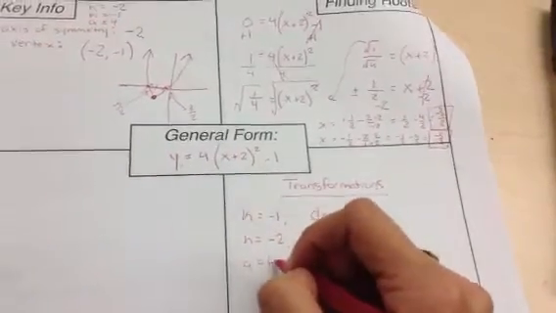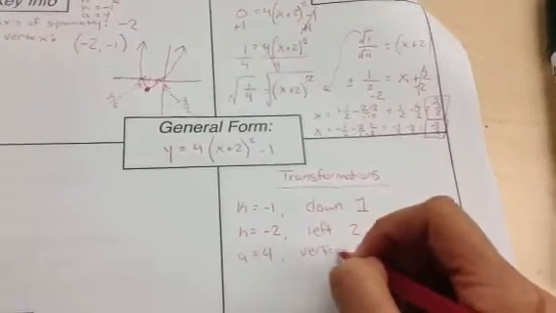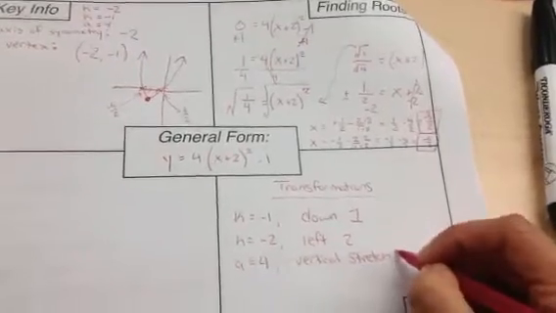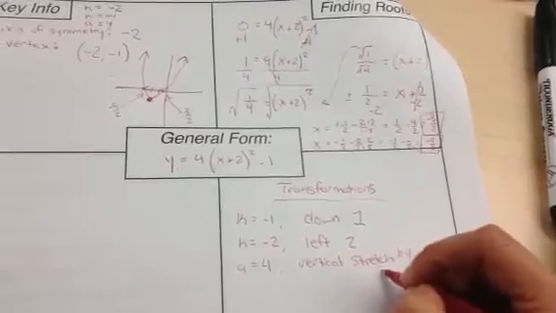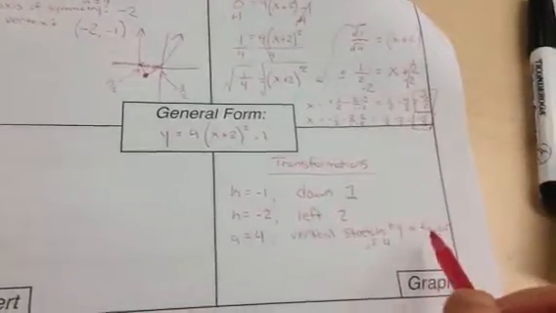My a is equal to 4, so that means I'm going to have a vertical stretch by a factor of 4. And that's it for my transformations.